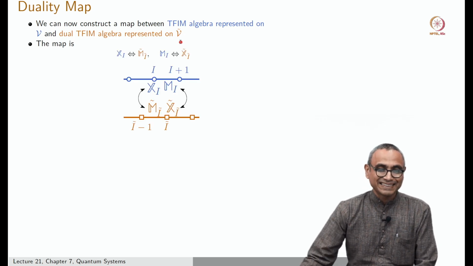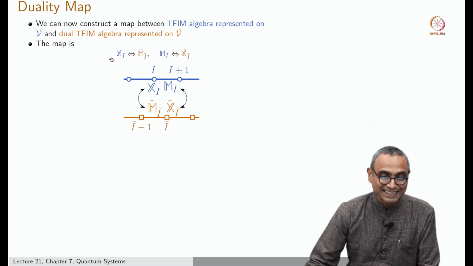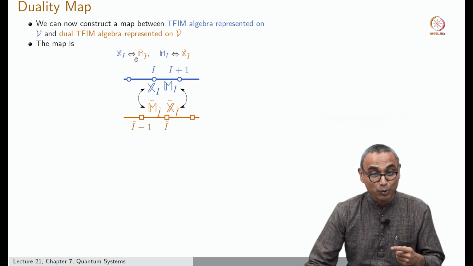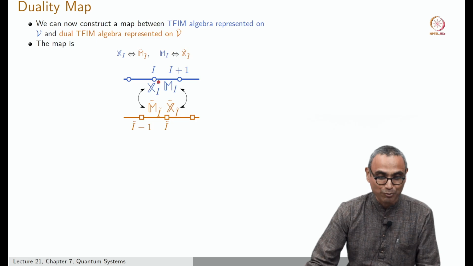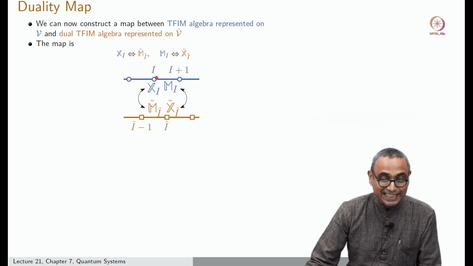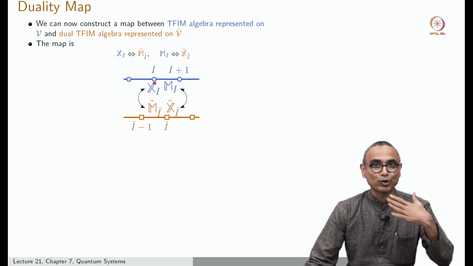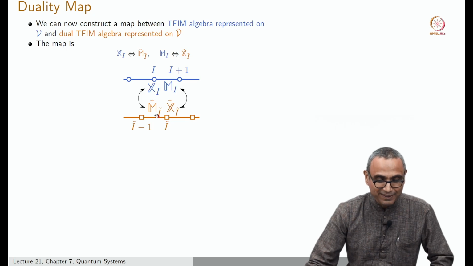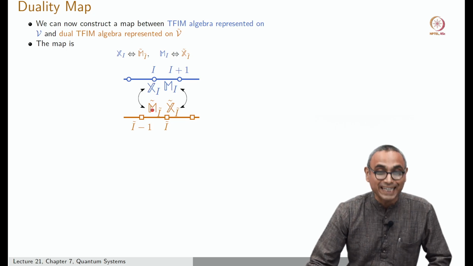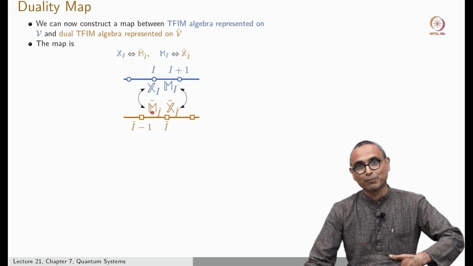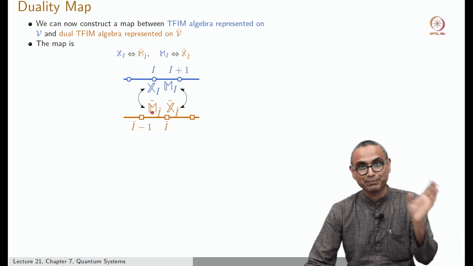I say that the operator X_i maps to M tilde I tilde. So let's understand what we are doing here. The site operator in my original model is mapped to the corresponding link operator in the dual model. It's an operator map.